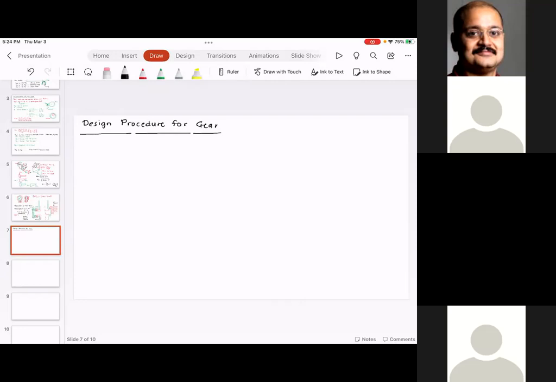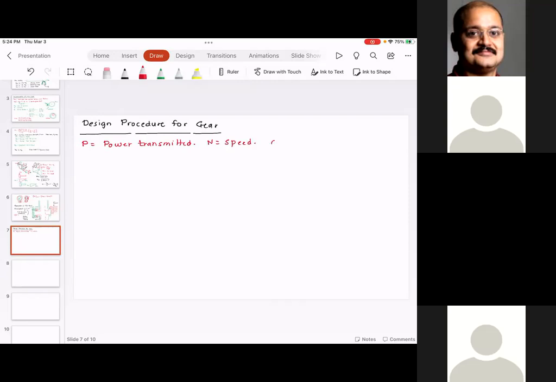So what would be given to you for the gear design? Power transmission capacity, P, power transmitted, will be given to you. Speed will be given to you.